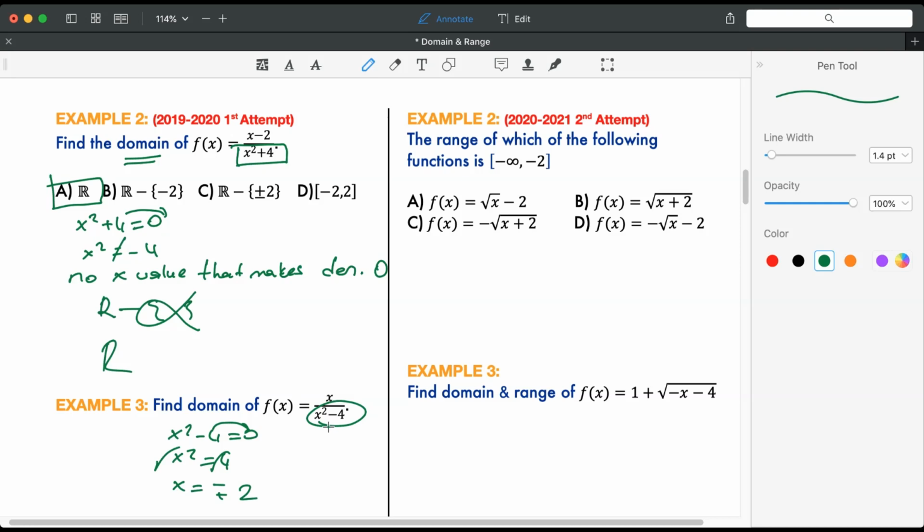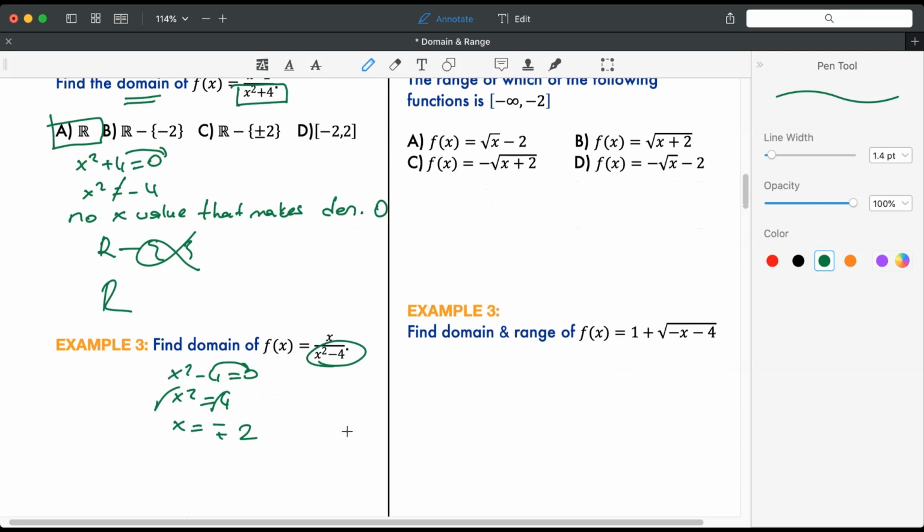When I plug in negative 2, negative 2 squared minus 4 is also 0. So those two numbers make the denominator 0, which makes the function undefined. So we should exclude those numbers from the domain. So the domain is all real numbers except those that make the denominator 0, which are negative 2 and 2.